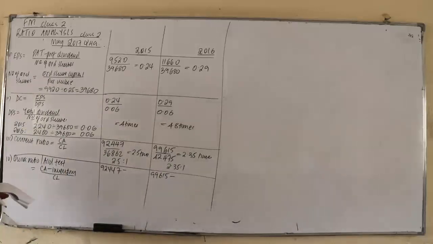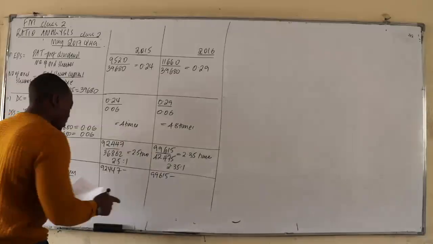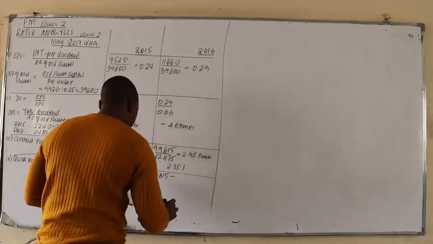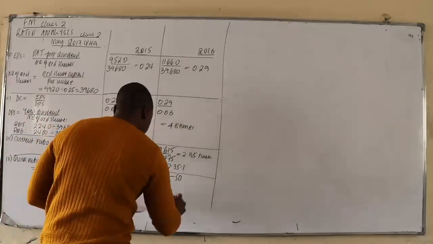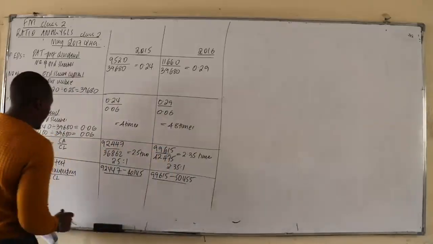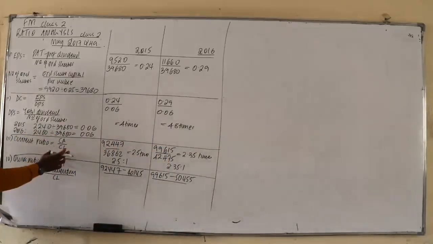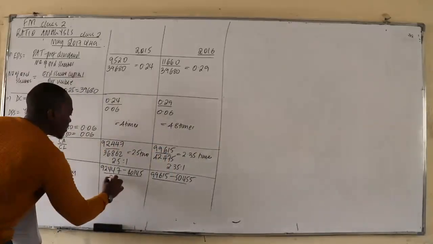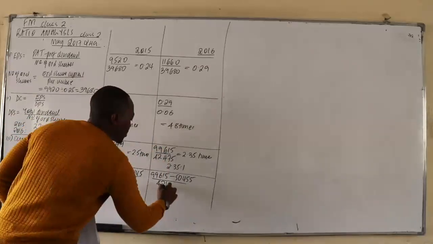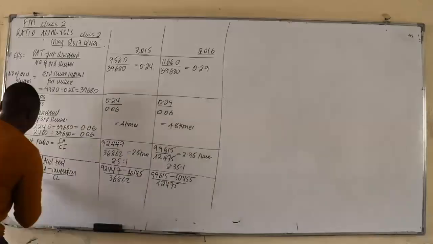So inventory for 2015 was 40,145. Here we have 50,455. Then we divide by the current liability. 2015 we have the current liability, which was 36,862. Here we have it 42,475.